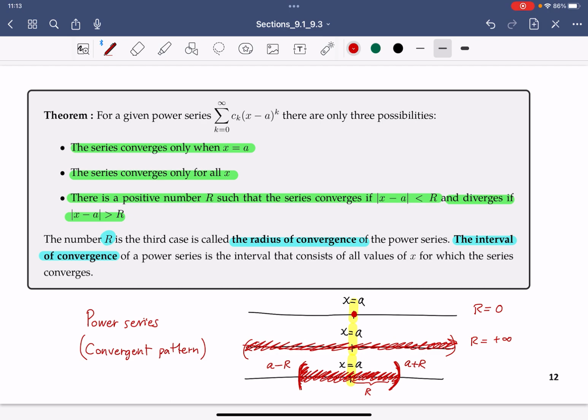And then the last one, you have the radius just r. It is possible as well to see the case that the series is convergent within the radius r. It cannot be the case that you're going to see convergent, divergent, convergent, divergent alternating. No, it's going to be only these 3 cases.